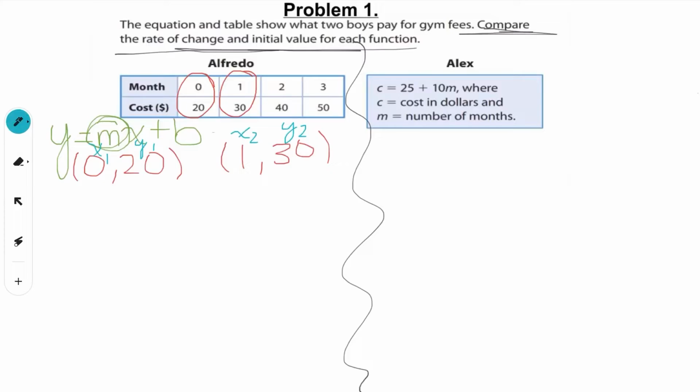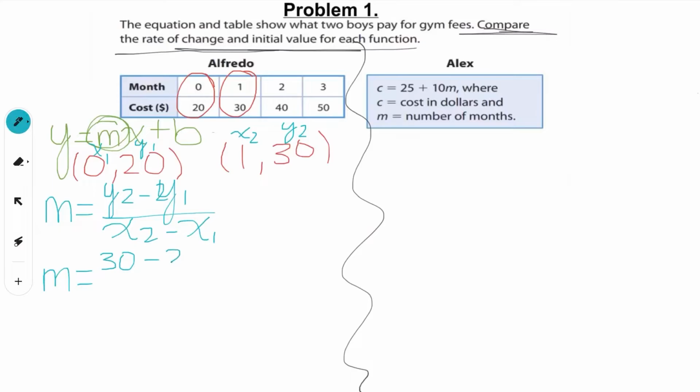And let's recall our formula for rate of change, which is m equals y2 minus y1 over x2 minus x1. I'm going to take these 2 points and substitute them in the formula, and I get m equals y2, which is 30, minus y1, which is 20, over x2, which is 1, minus x1, which is 0. 30 minus 20 is 10, and 1 minus 0 is 1.